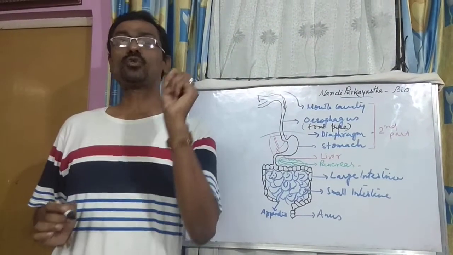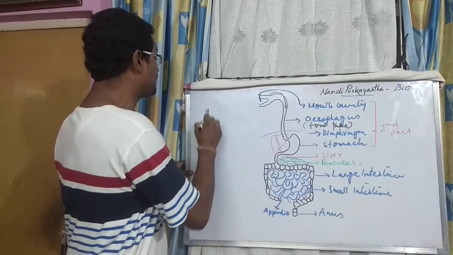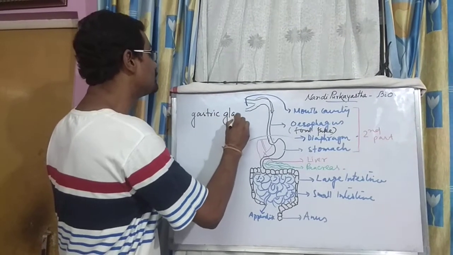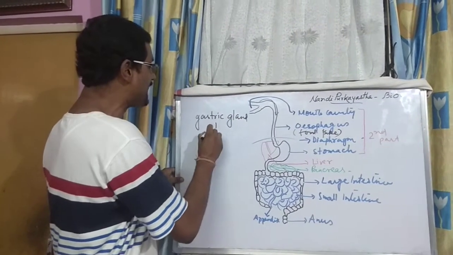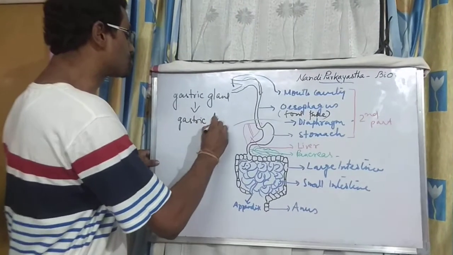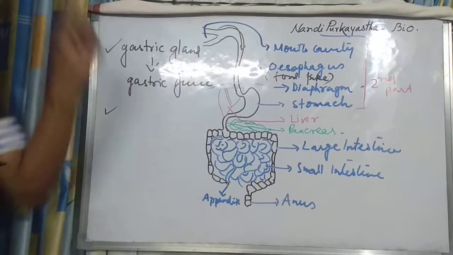And what the stomach possesses, first of all, we have to know it. It has gastric glands. Gastric glands secrete gastric juice. Number one. Number two, what does it have?